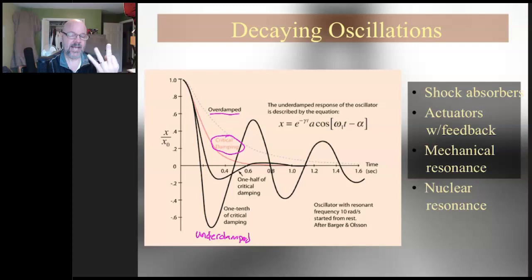The first category is underdamped, where it's going to oscillate and gradually get slower and slower, and that's what we see, where it comes down and up and down and up like that. That's underdamped, which makes it sound like there's not enough damping, but unfortunately, it's just a poor label.